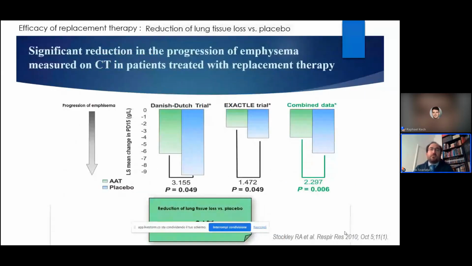From a clinical point of view, we should also highlight that replacement therapy is associated with a significant reduction in the progression of emphysema, as seen in this study conducted with CT scan. What we saw is that the reduction of lung tissue loss in treated versus placebo is about 36%. That is not bad at all.